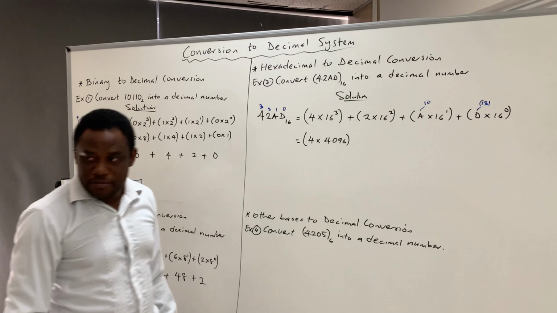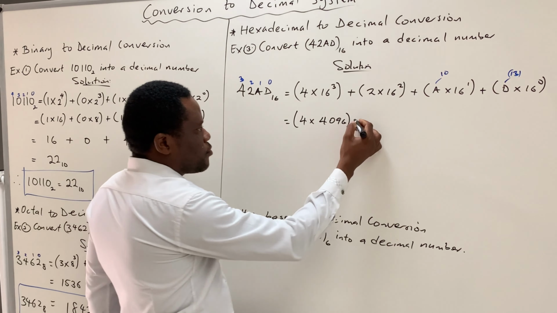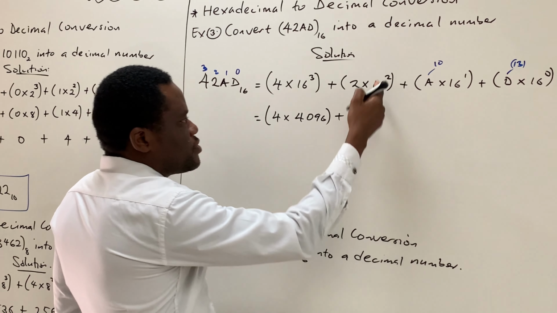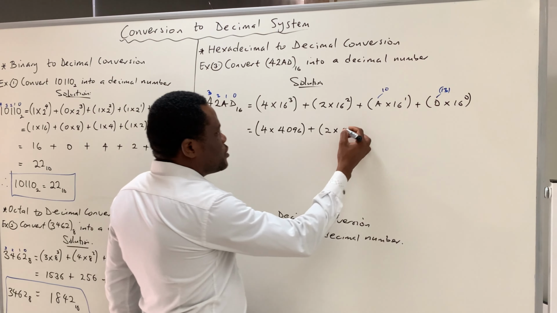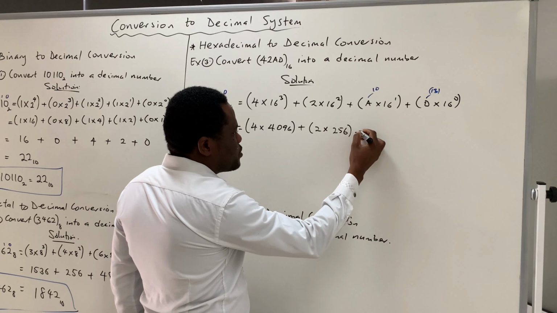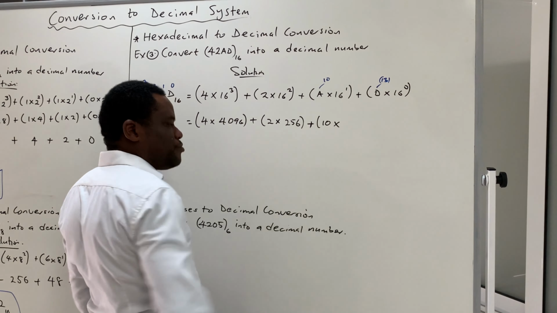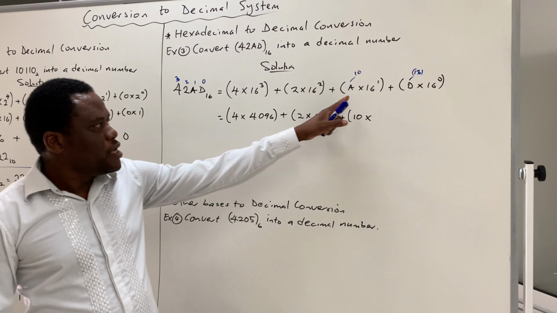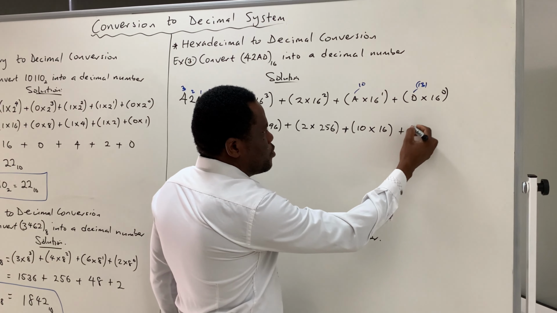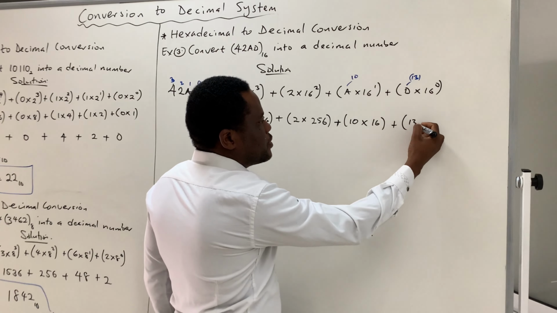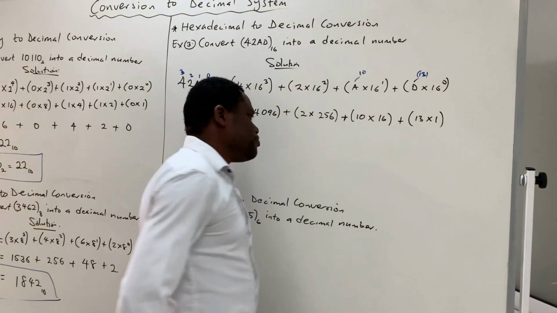You can multiply it out. At this level now, we know how to do multiplication. Plus 2 times 16 to the power of 2. That is 16 times 16, that is 256. Plus A is 10, 16 to the power of 1 is 16, right? Plus D is 13. And any number to the power of 0 is 1.